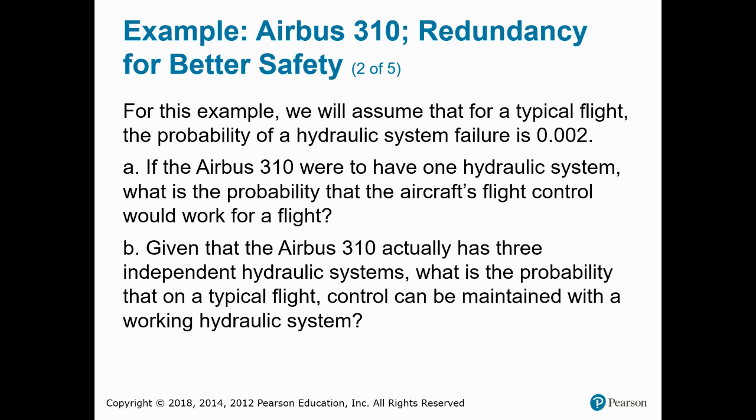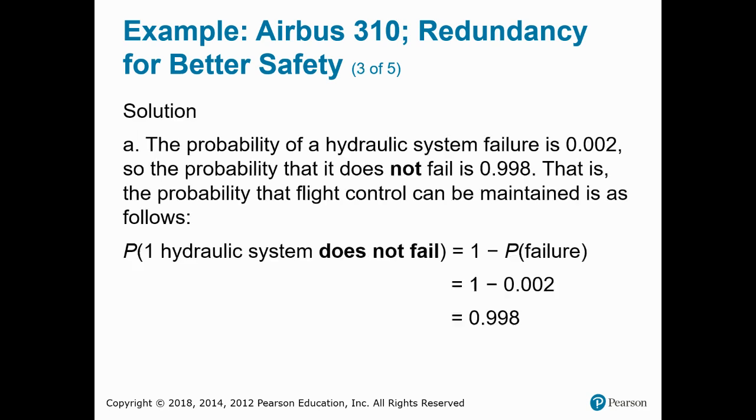We have a probability of failure, so the probability of it working is the complement of failure. So 1 minus 0.002. The probability of it working is 0.998, which is pretty good, right? That's really good.